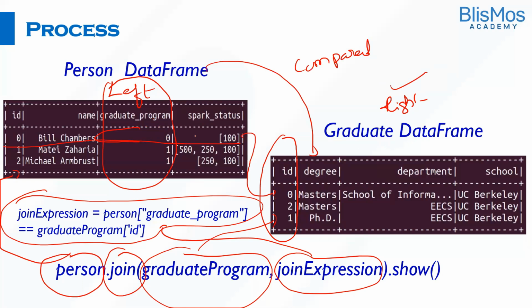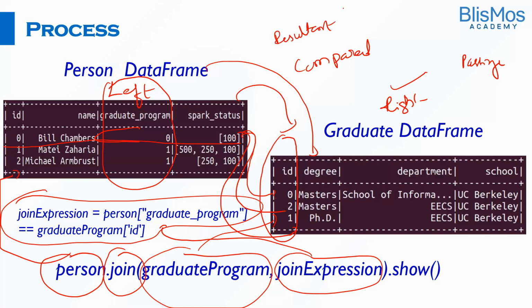So, 0 is matching with 0. That is in a way passing the condition. Next, this particular record will be compared with this record, and the comparison will go on until we complete all the records in the data frame. Whichever records pass this condition are brought together in a resultant data frame.